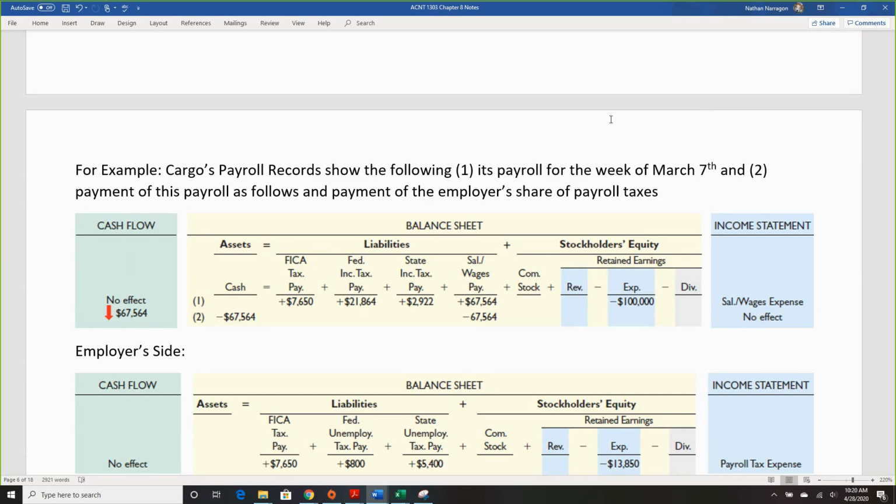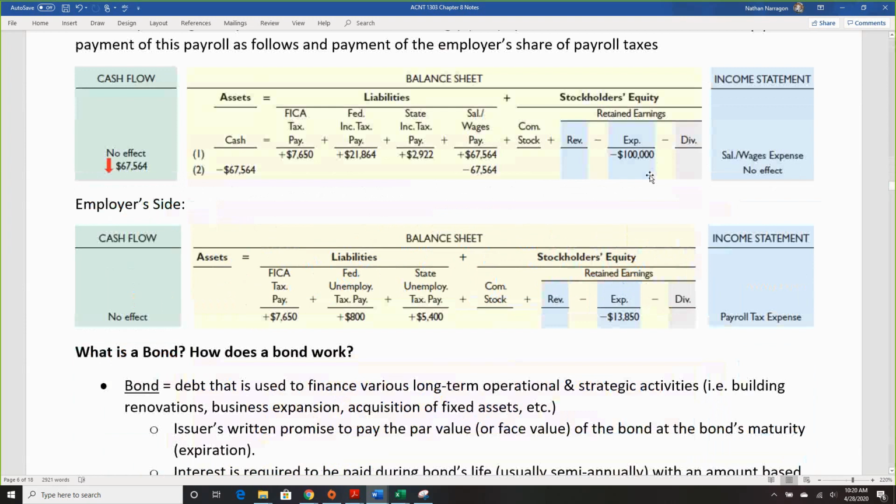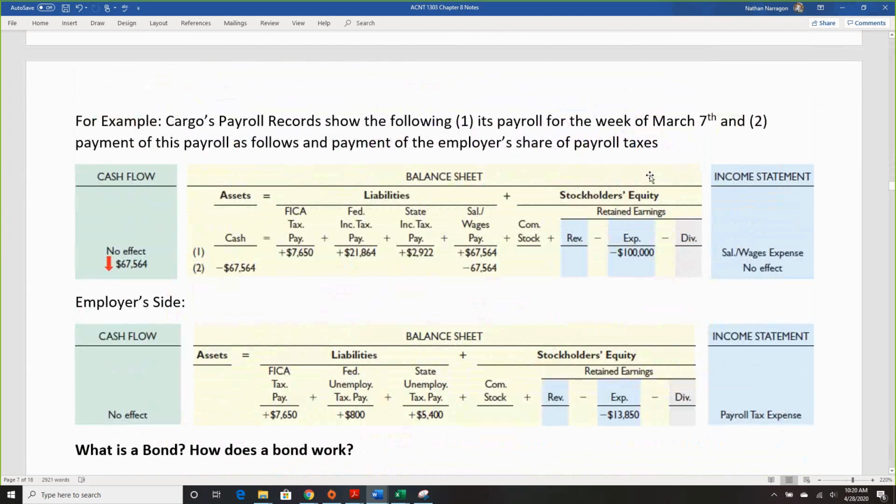So, for our example, of course, we got Cargo. Payroll records show the following. Payroll for the week of March 7th. And they're going to show the payment of the employer share. So, of course, right here shows exactly how payroll gets paid out.